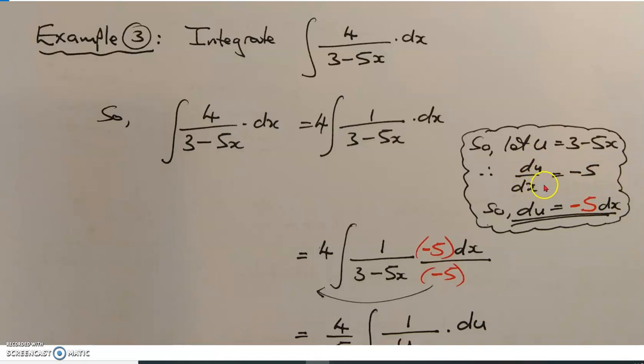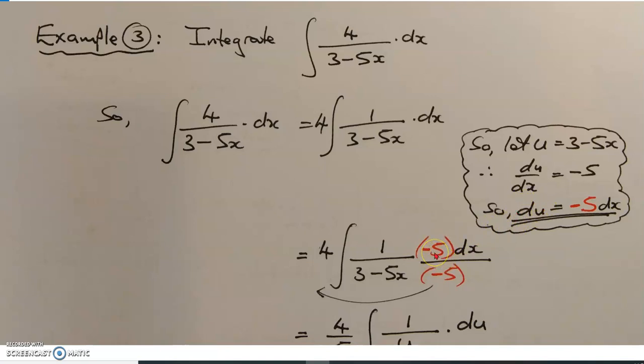Now, if I cross multiply the dx up here, I get a connection. I can see how this variable u is connected to the variable x if I write minus 5 times dx. So in other words, if I go back to my original integral and I multiply this dx by minus 5, then that's going to be du.